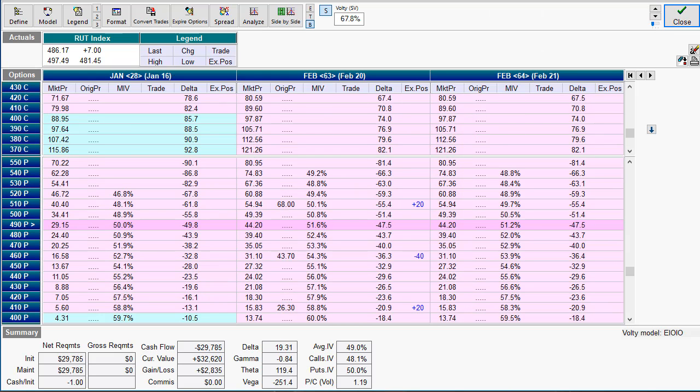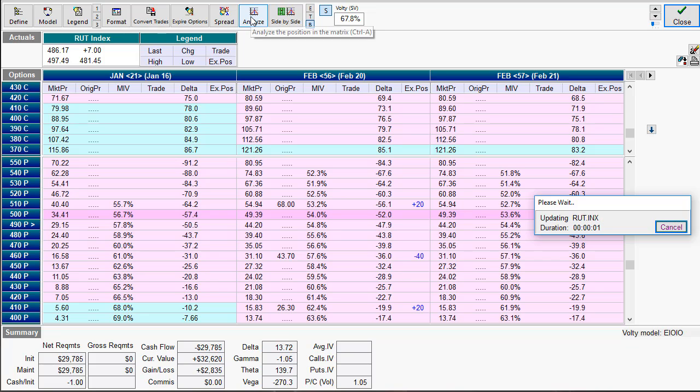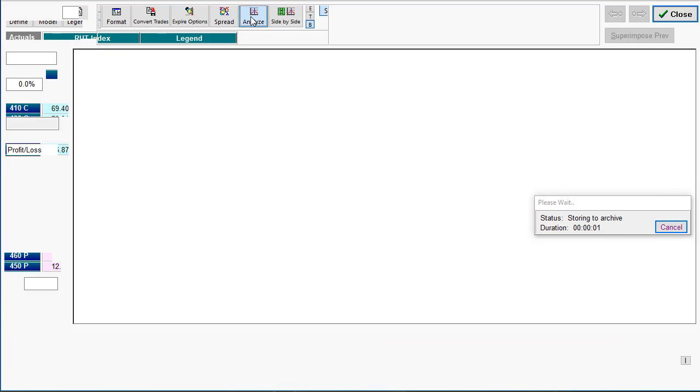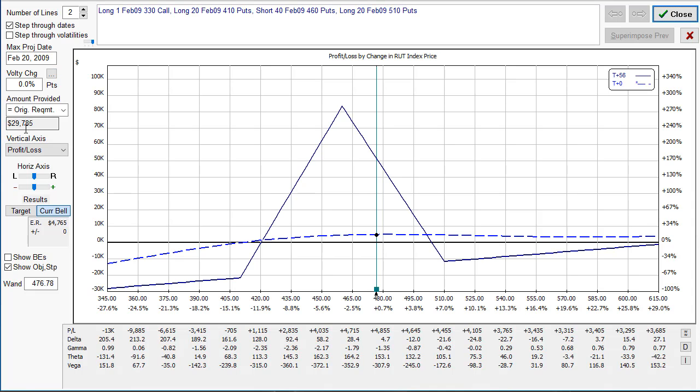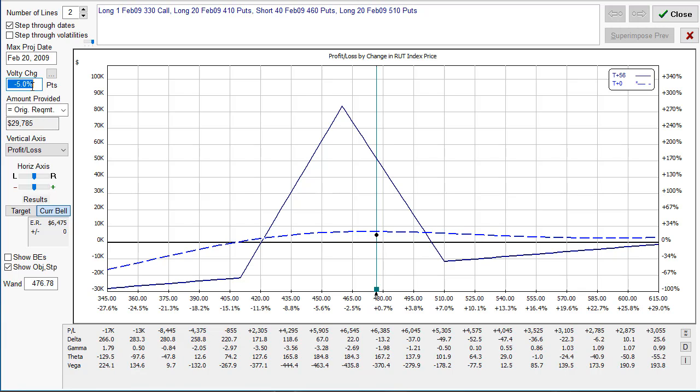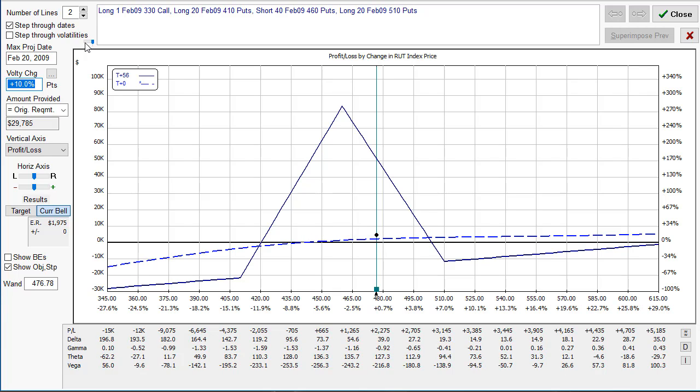And when this volatility deflates, that T+0 line, I'm going to show you something here in just a quick second. All right, when the volatility deflates, see how that T+0 line shifts up? The reverse is obviously true too, if the volatility increases, it deflates.